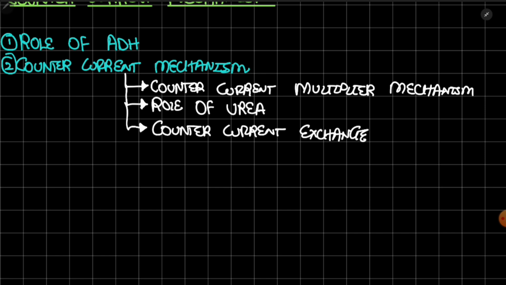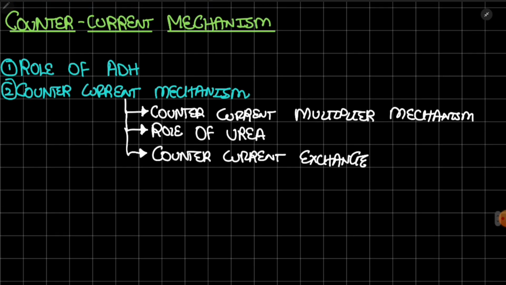So we are dealing with these three procedures. You will ask why I have written the role of ADH and the counter current mechanism like this. You will understand this.